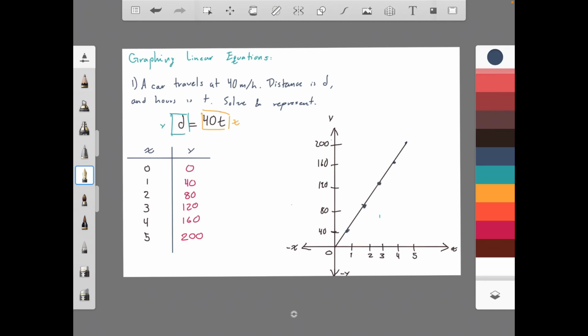Okay, now that we have our graph, kind of well graph, now what we want to do is find the slope.